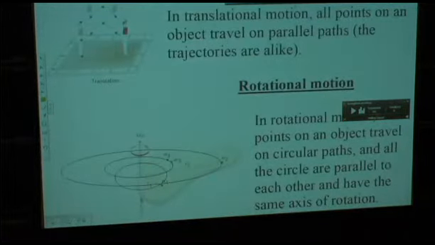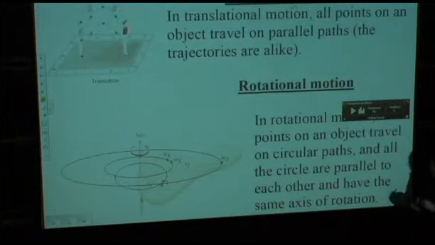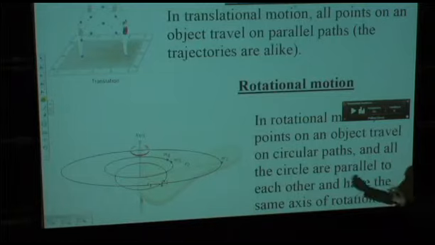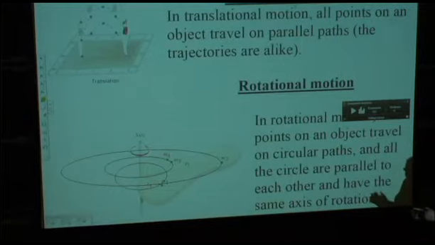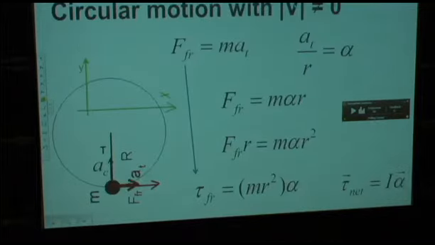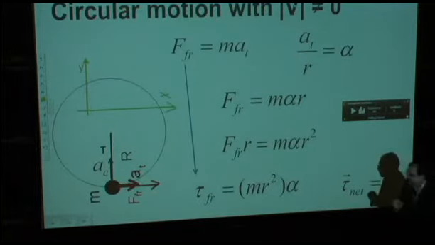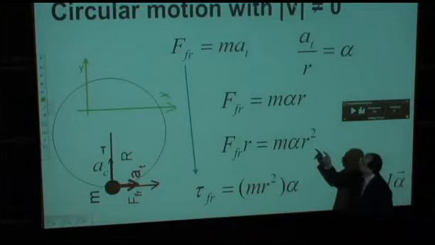And for any rotational motion, we've seen this slide before, it's a combination of many circular motions. Each individual part of this fan makes a circular motion, and for each individual part of this fan, we can apply Newton's second law.